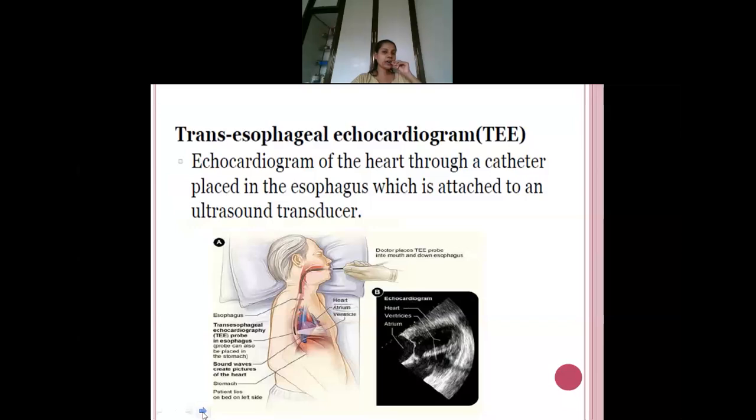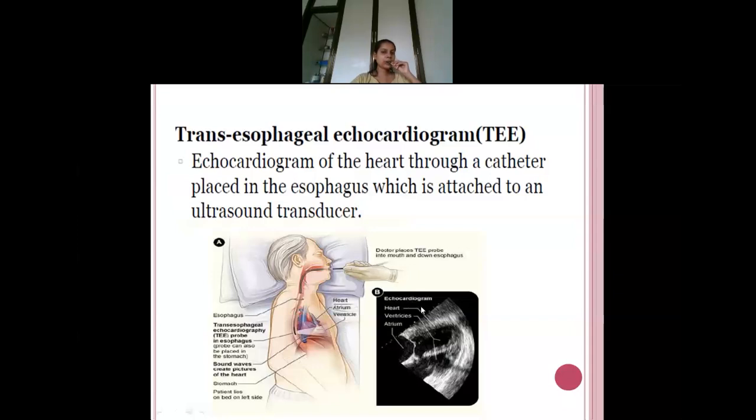Next is transesophageal echocardiogram. As the name suggests, transesophageal means they are doing echocardiogram and also something like an endoscopic procedure. So they will insert a catheter through the mouth into the esophagus, which is attached to an ultrasound transducer, and then they will check the image of the heart.